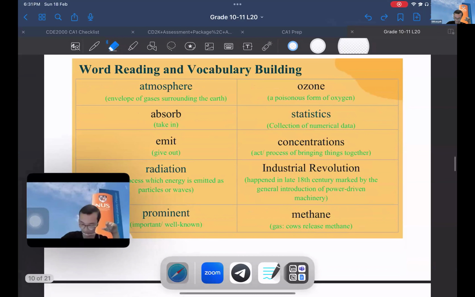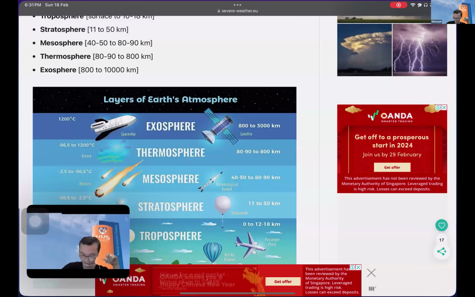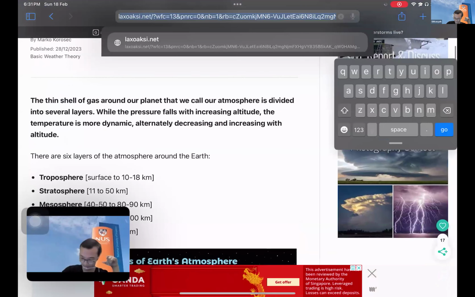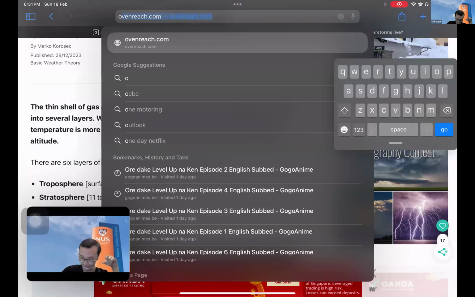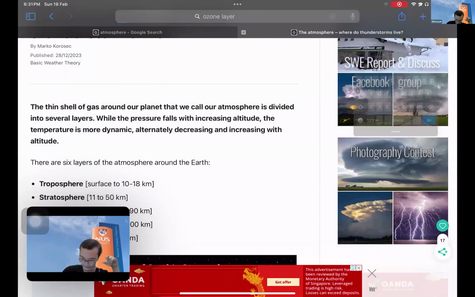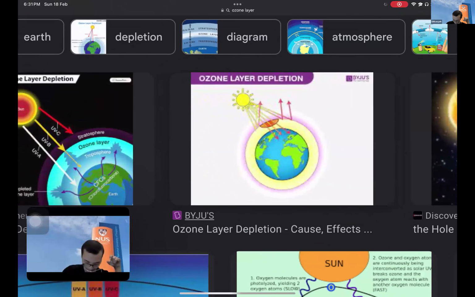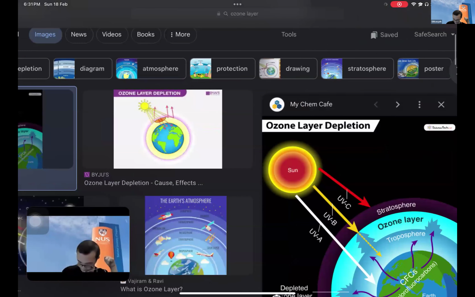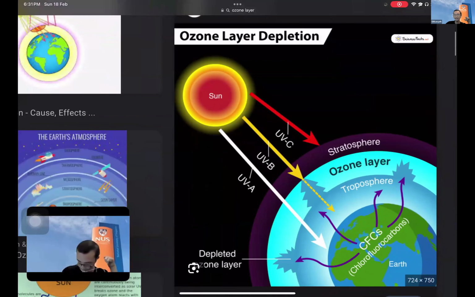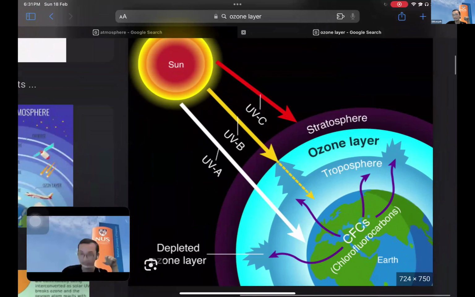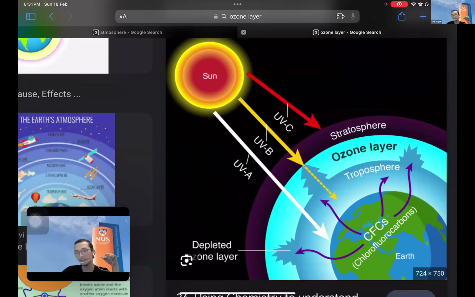Let me just show you what the ozone layer is. So this ozone layer, you can see, something like this, it's somewhere within the regions of the Earth's atmosphere.